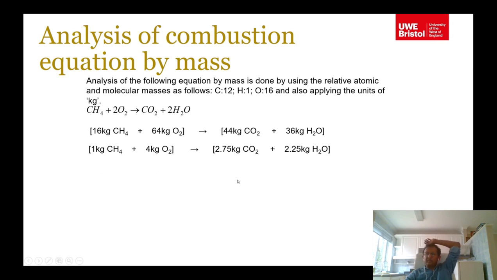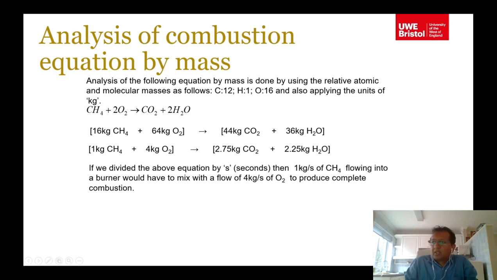So to balance for 1 kg of CH4, you divide everything by 16. So 1 kg of CH4 will react with 4 kgs of O2, which will produce 2.75 kgs of CO2 plus 2.25 kgs of H2O. This is the gravimetric analysis of the mass ratios of combustion for CH4.